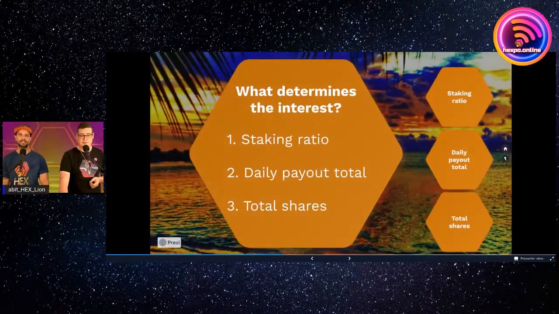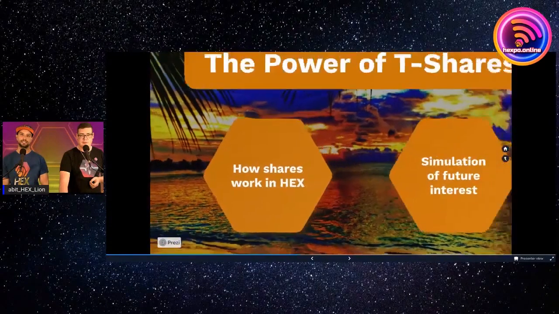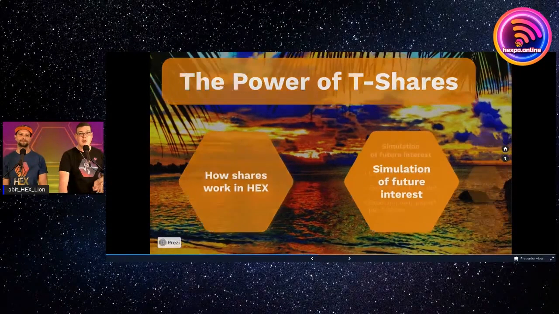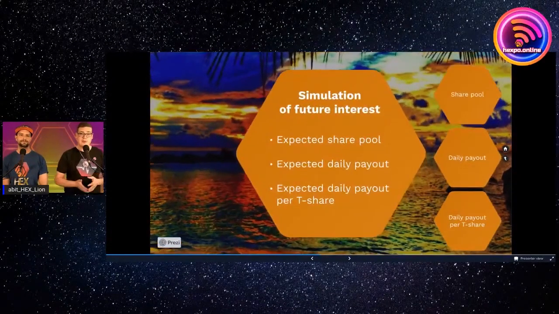In the next slides, you will see the T-share pool, how it will evolve in the next 15 years. But in order to do that, of course, we had to make assumptions. So now let's go over to our assumptions, to the simulation of the future interest. What we needed to assume here were basically two things, and the third thing could be calculated out of the first two.